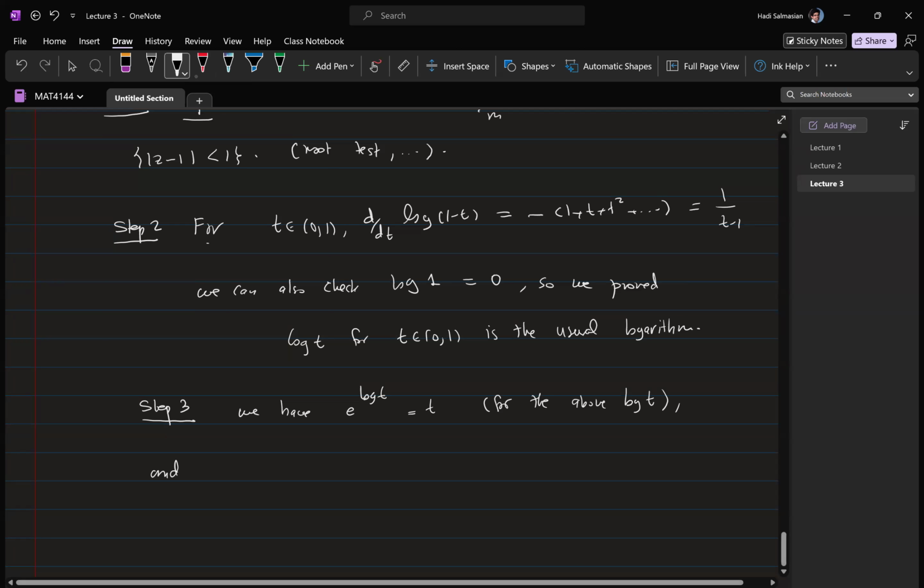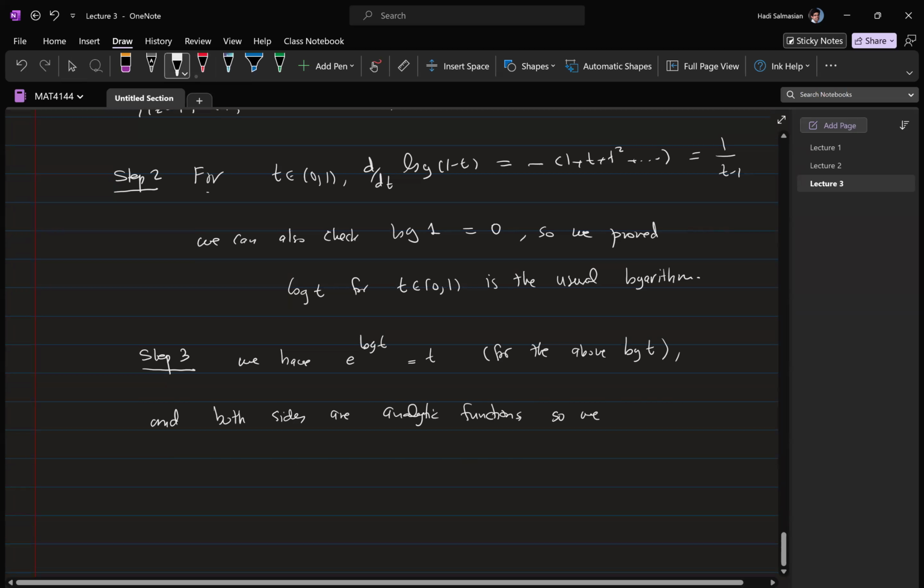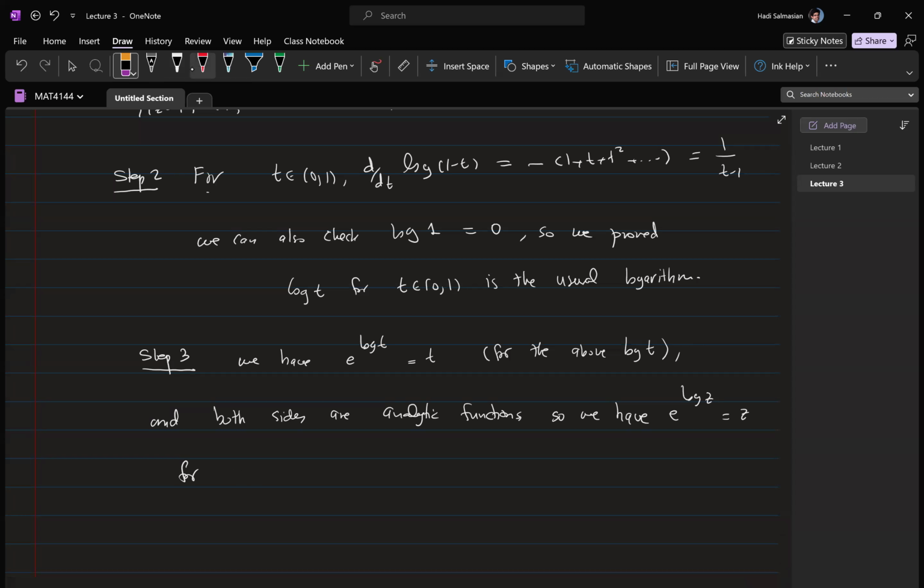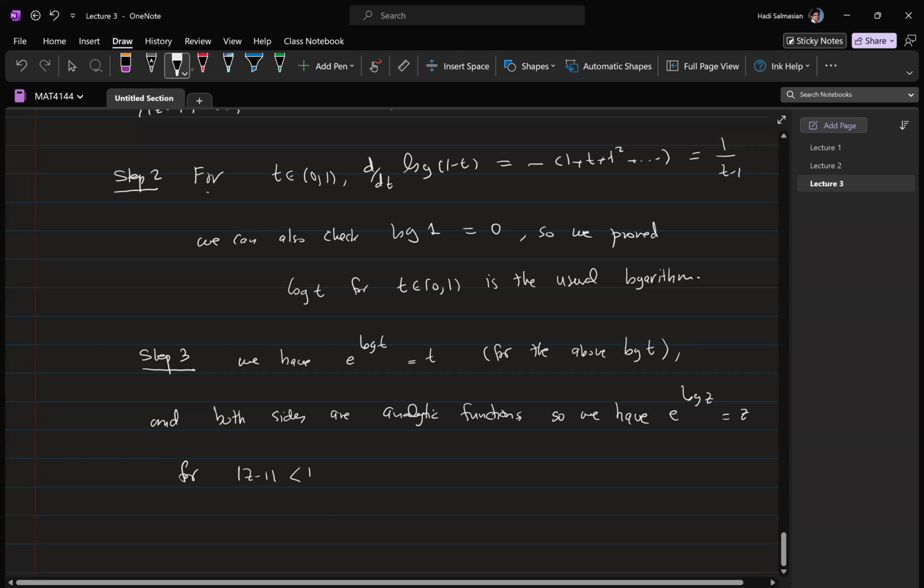And both sides are analytic functions. So we have e to the log z equals z for z in the range where both sides are analytic, which means for absolute value of z minus 1 less than 1.